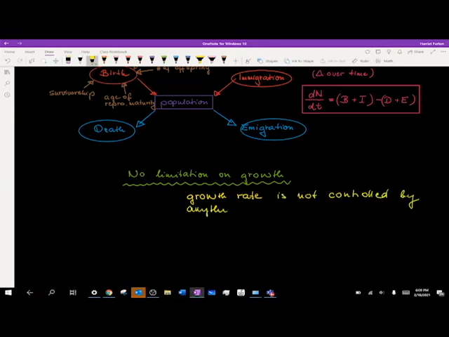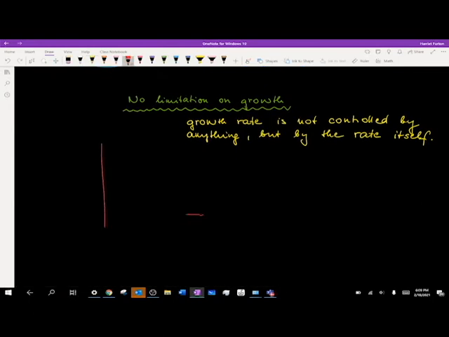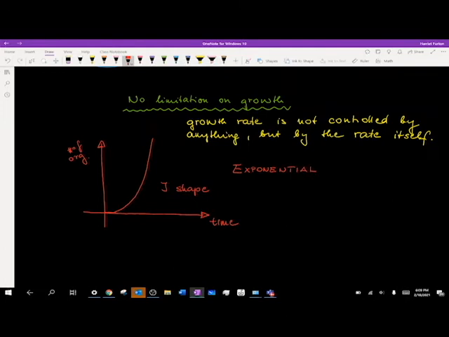Plenty of food, plenty of shelter, plenty of resources, everything is plenty. Now, the graph would look like this, if we just plot the population: the y-axis will be the number of organisms and the x-axis the time. It will show a J-shaped curve, which is an exponential growth rate or the exponential function. It is important to point out there's no limitation at this point.